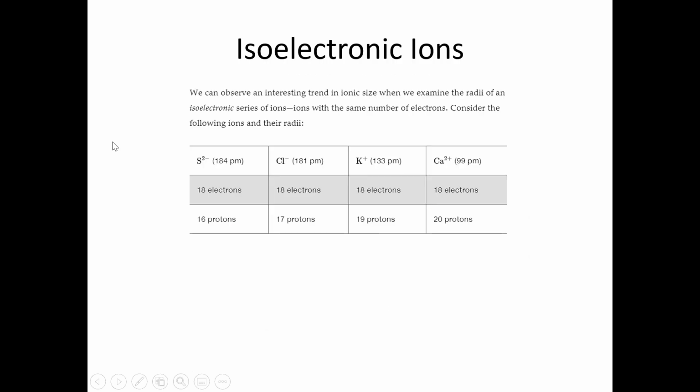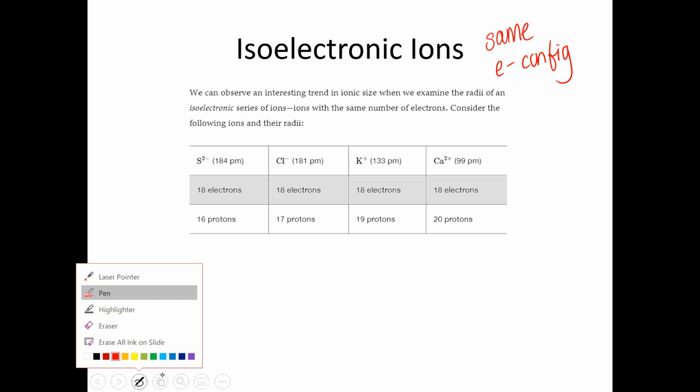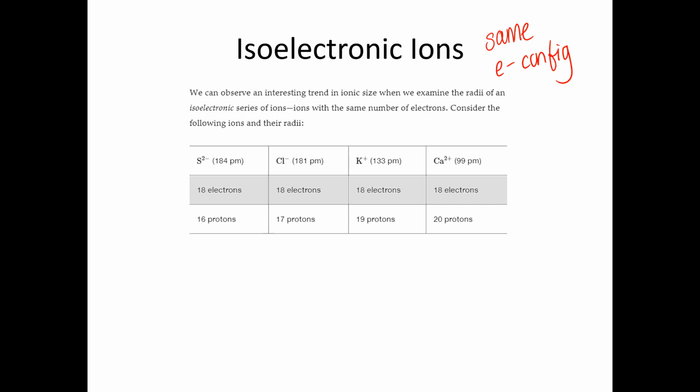Another thing you can think about with ions is comparing what we call an isoelectronic series. So isoelectronic is when you have two substances that have the same electron configuration, and you can get this when you have ions. So for example, if we look at this series with sulfur, chloride, potassium, calcium, they are all isoelectronic with argon. They all have 18 electrons.